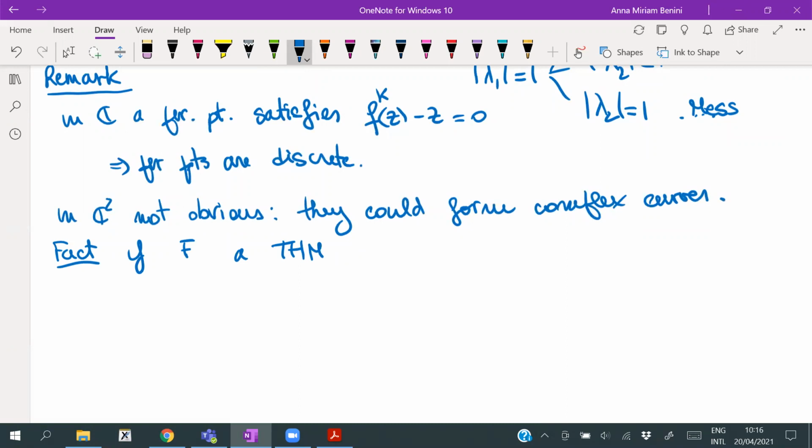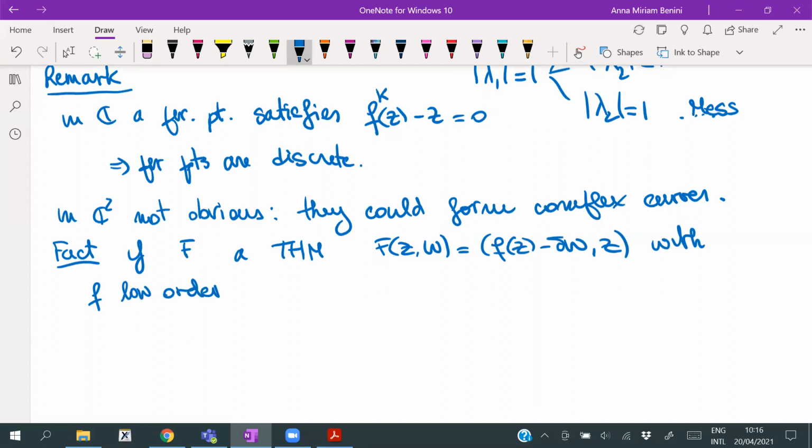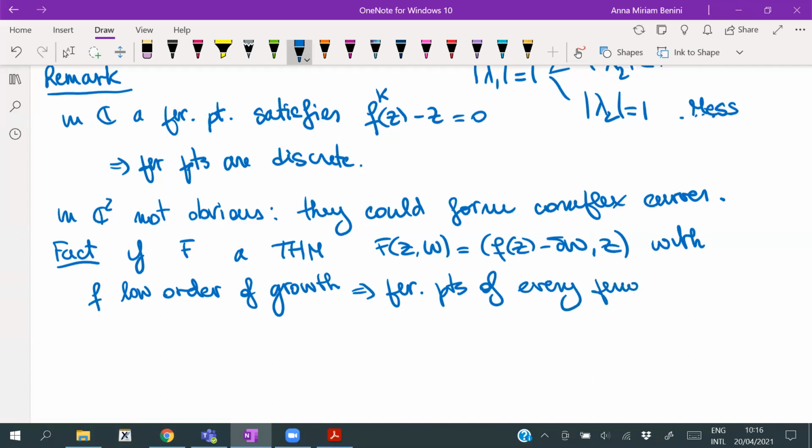I'm gonna remark, with your f, which has low order of growth, less than 1/2, I think, less or equal than 1/2, then the periodic points of every period are a discrete set. But this is not obvious in general. Maybe it's true, we don't know.